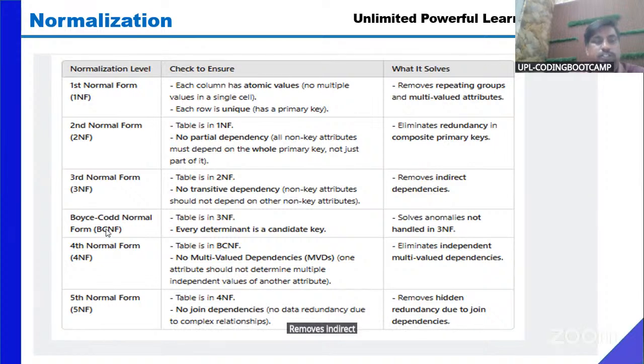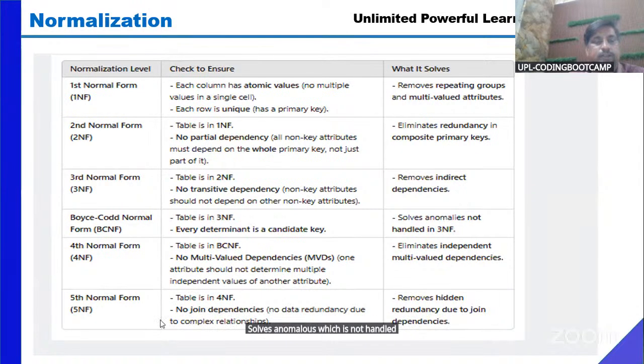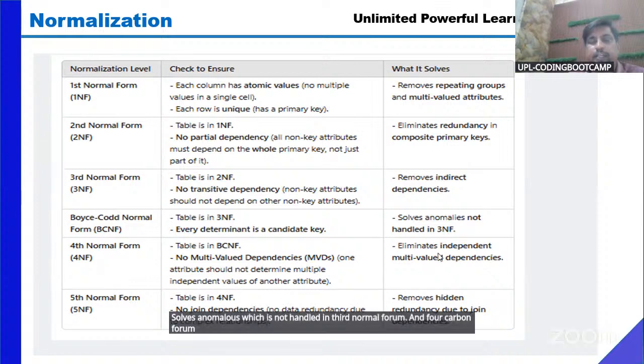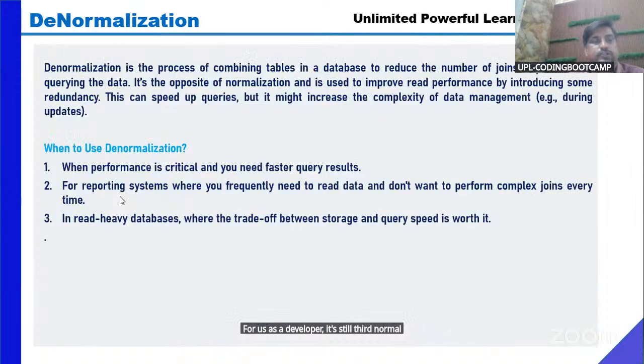Boyce-Codd normal form solves anomalies not handled in third normal form. Fourth normal form eliminates multi-valued dependencies. And fifth says there is hidden redundancy due to join dependency, which verification would catch. These are the different normal forms. For us as developers, up to third normal form is actually sufficient.